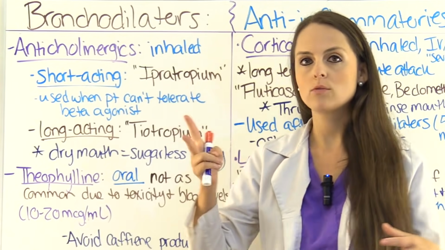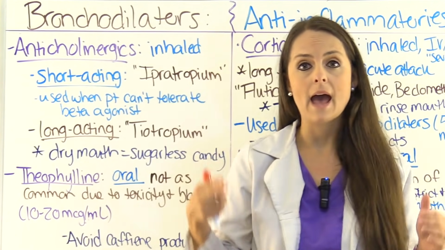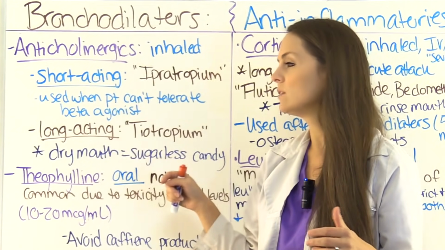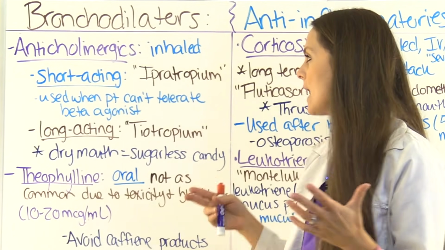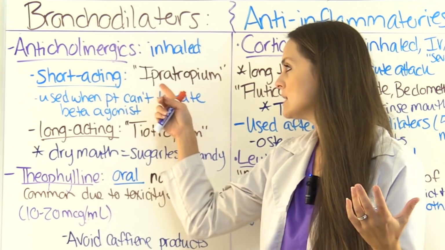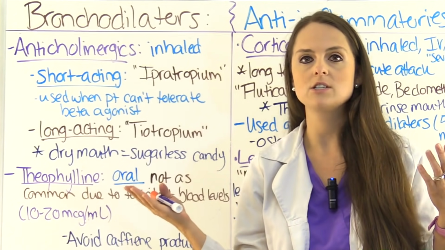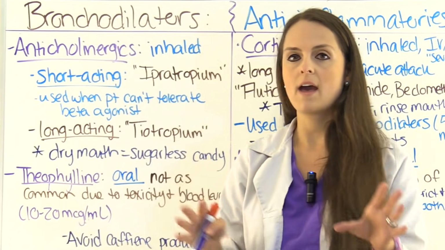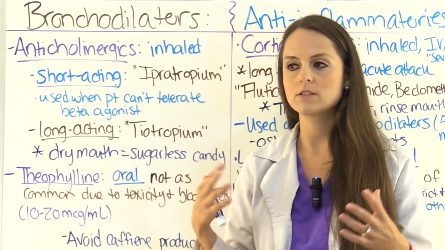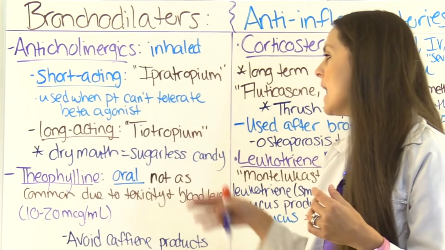Next, we have the anticholinergic bronchodilators, and these are inhaled as well. And you have 2 categories of them, just like with the beta agonists. You have short-acting and long-acting. With the short-acting, a common drug is ipratropium, and this is used a lot of times when the patient can't tolerate those effects of the beta agonist, that increased heart rate, things like that.